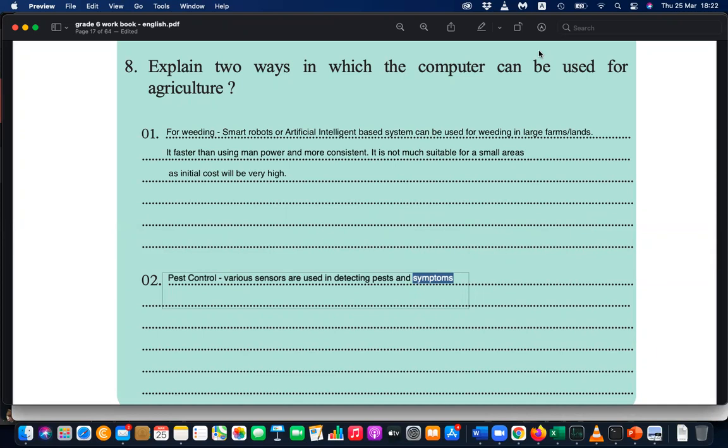You can't detect it directly, but you can detect it by symptoms. You can see the leaves are getting some color, or leaf shape is changing, or venation pattern has been affected, or maybe the trunk color, or maybe the shape of the entire tree, right? Likewise, if it is a plant, you can detect symptoms.